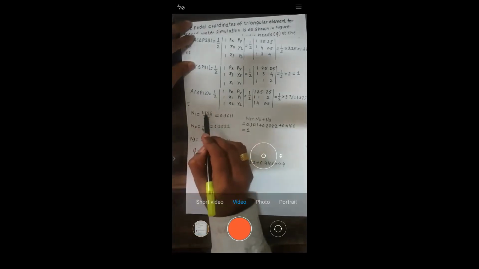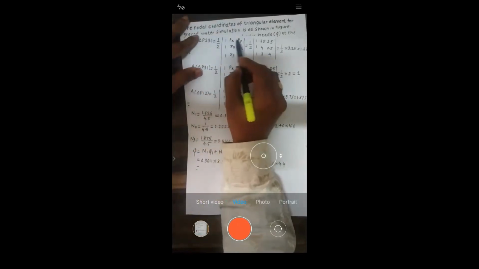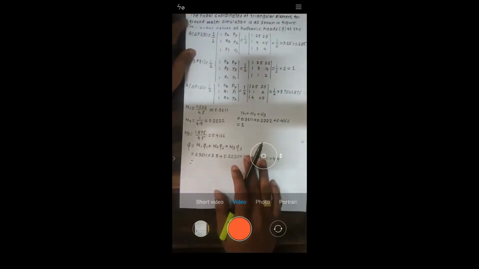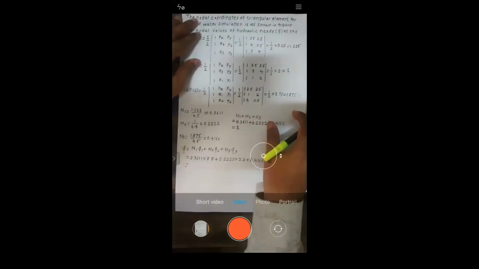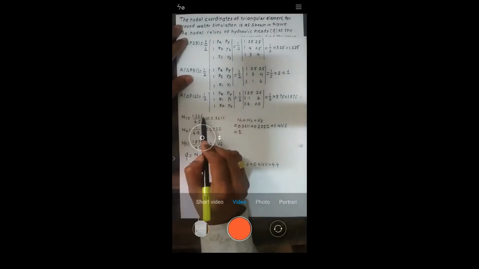Area of triangle P23 upon area of triangle 123, right? So in area of triangle P23, whether you have taken the coordinate of that point for which you are supposed to calculate temperature or not? See, this is area of triangle P23, so you have taken the coordinate of that point there. So obviously it will give the temperature at that particular point only, or hydraulic head at that particular point only.